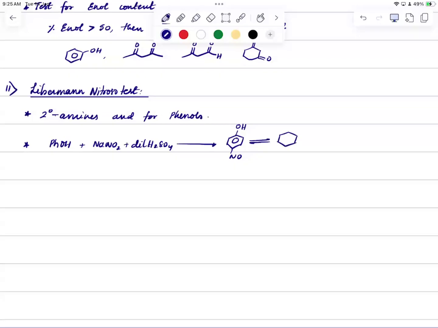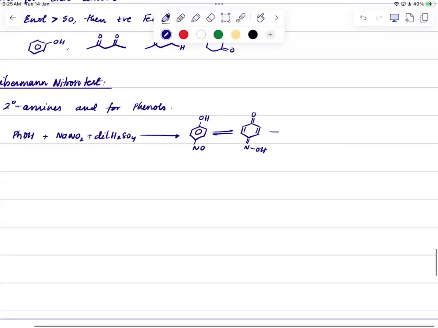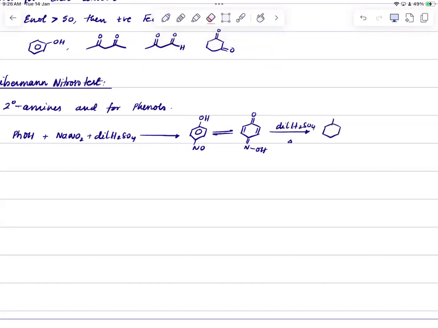Nitrosophenol can exist as oxime via tautomerism. So this can tautomerize into this form. And this, in the presence of concentrated H2SO4 or dilute H2SO4 and heat, either way it works, will make a double bond O here, and double bond N, OH2 plus.